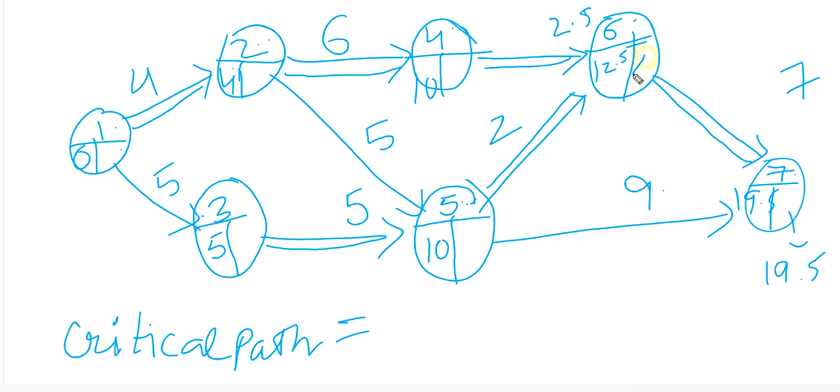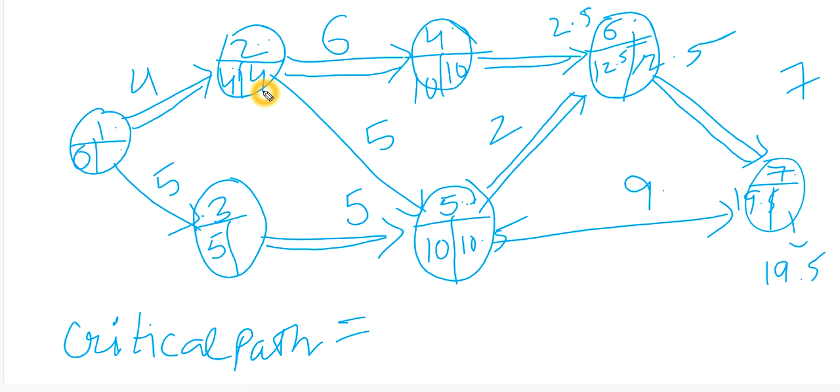19.5 minus 7 is 12.5. 12.5 minus 2 is 10.5, and here 19.5 minus 9 is 10.5. So I will write 10.5 here, and 12.5 minus 2.5 is 10. 10 minus 6 is 4, and 10.5 minus 5 is 5.5.